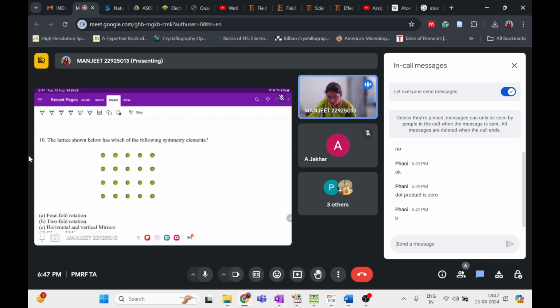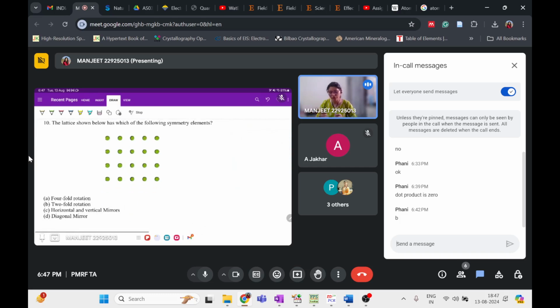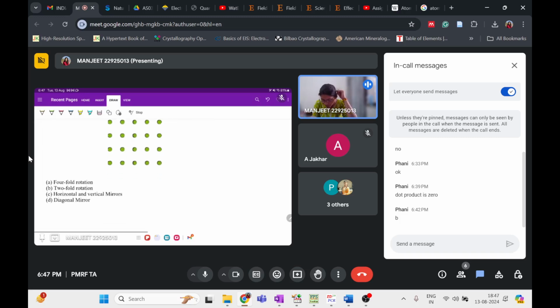Okay, so in this question, they have asked what kind of symmetry is present in the lattice that we have been given. The lattice shown below has which of the following symmetry elements? So here the atoms are present here. The first one is the four-fold rotation, second is the two-fold rotation, third is the horizontal and vertical mirror, and D is the diagonal mirror.